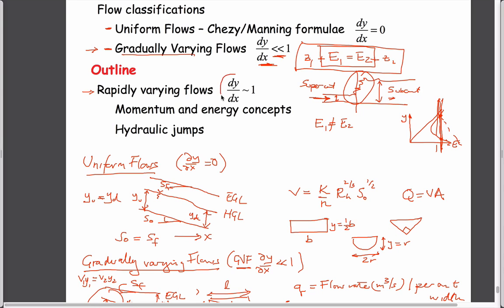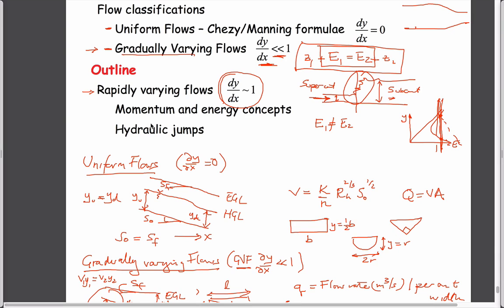But the other forms of flows that we get that are kind of exciting, which actually are epitomized in the whitewater videos that we looked at for the New River and others, are that all of a sudden, instead of this being a gradual transition, so remember that in this system that we just looked at, we had an upstream flow which was quite deep, and it would change to some other flow as you went downstream.